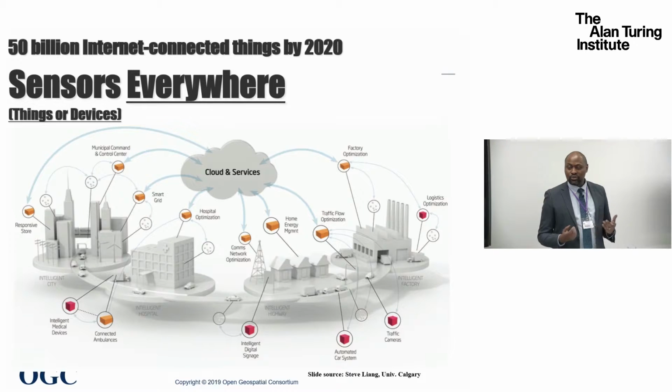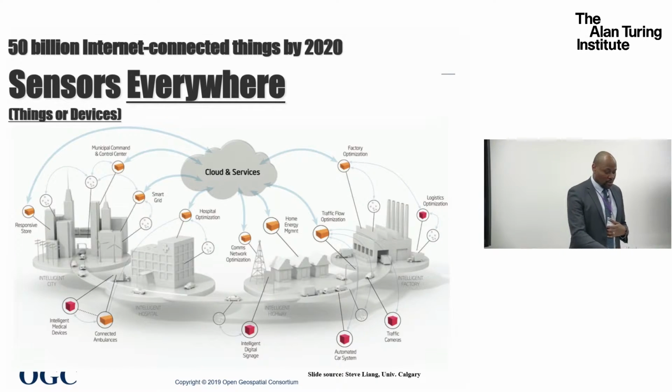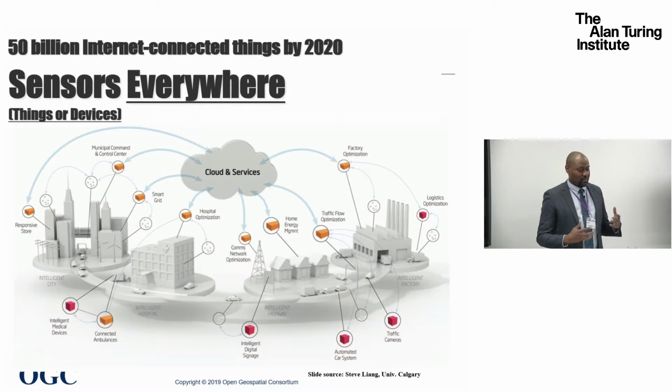Some of those coordinates might come from GNSS chips, such as GPS or global navigation satellite systems, but some of them are actually sourced from IP addresses, for instance, or other means as well. All of the data that comes from IoT or other sources, if it has location, then it has a role to play within geospatial decision making.